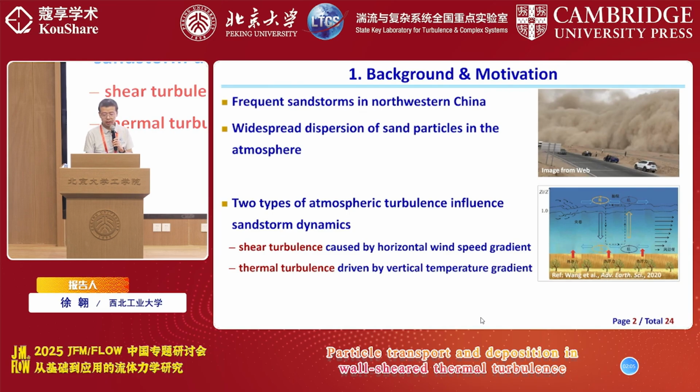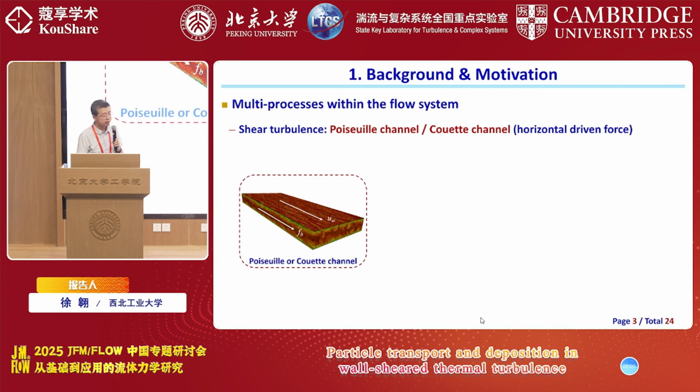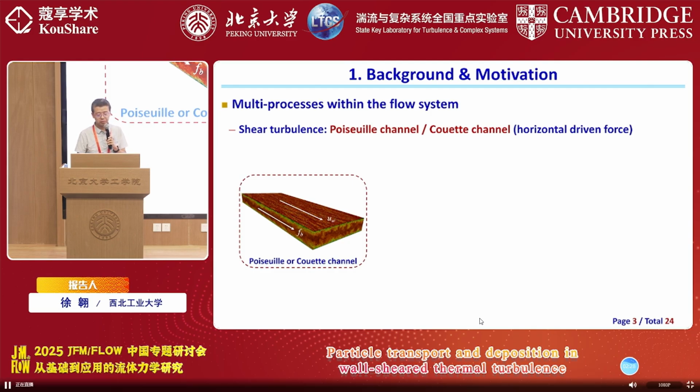Okay. And in fluid mechanics, for the shear turbulence, we have the so-called model systems, wall-sheared channel or Couette channel, that describe the horizontal motion of these flows. The wall-sheared flow is driven by the body force, and the Couette channel is driven by the wall shear.